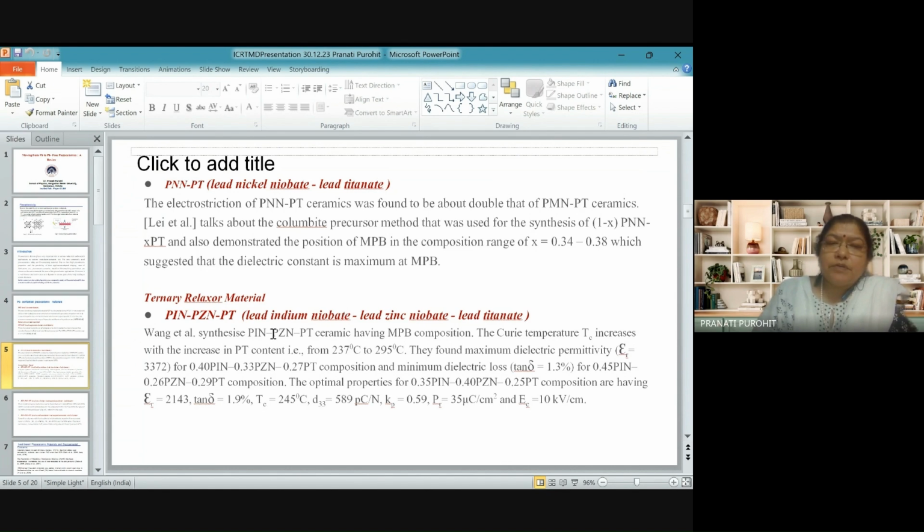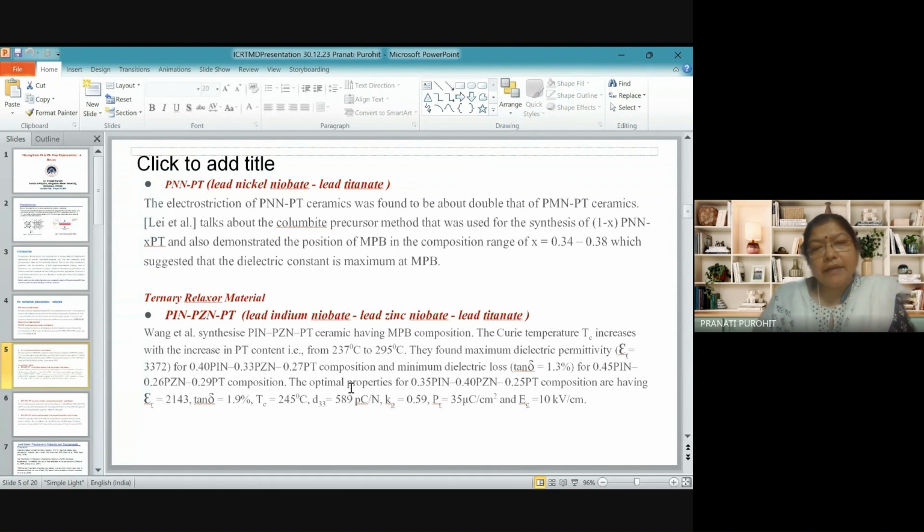When we move to the other lead-based materials, those are called ternary relaxor materials. Here I am discussing three types of material, PIN-PZN-PT, meaning lead indium niobate, lead zinc niobate, and lead titanate.